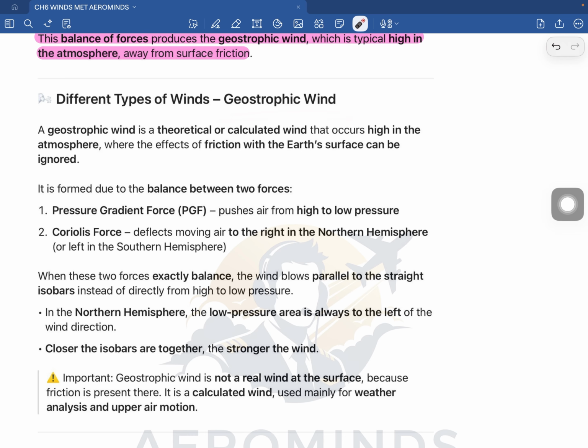Now, for your exam, always remember that geostrophic winds flow parallel to the isobars, and they occur in the upper atmosphere. It is a result of the balance between the PGF and the Coriolis force. If DGC asks why wind does not flow directly from high pressure area to low pressure area in the upper atmosphere, the answer is because of the Coriolis force.